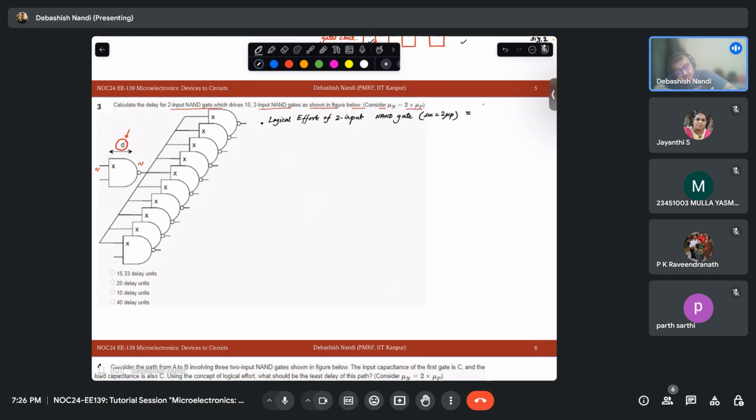We know that it is 4 over 3, right? Okay, so let us keep that in mind. So what is the delay of an inverter? By the way, this we derived in our last session, right?